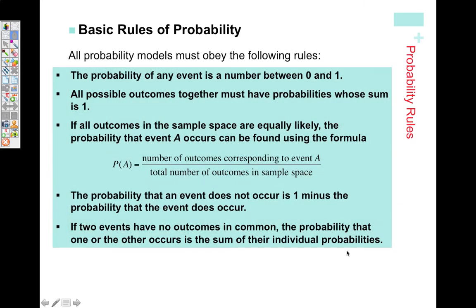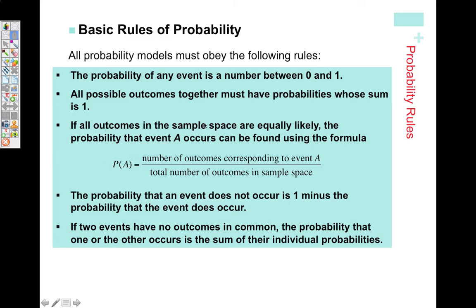So let's talk rules. First one, no surprise. Probability is between 0 and 1. And in a probability model, all possible outcomes together must have probabilities whose sum is 1. Something's going to happen all the time. All of the different possible things that could happen should add up to 100% of the time.